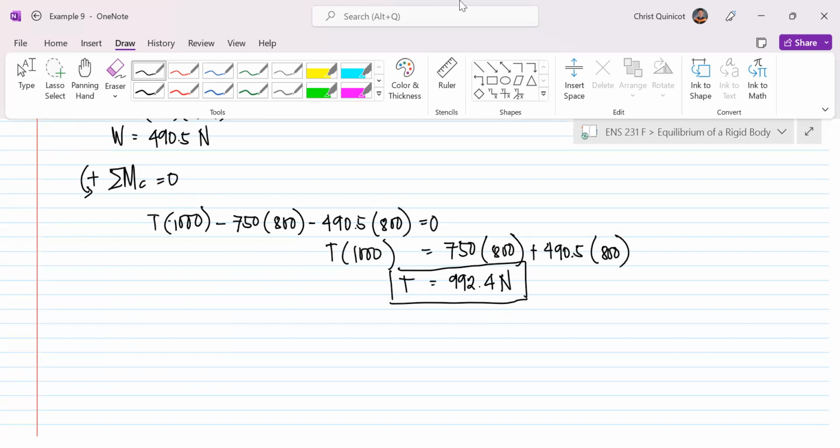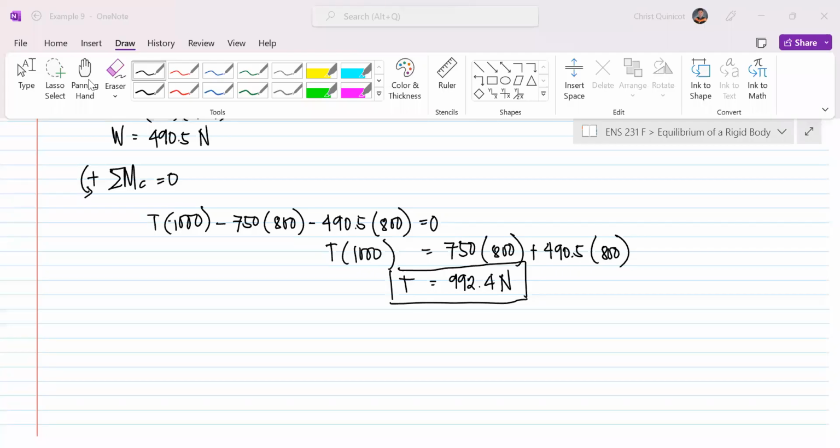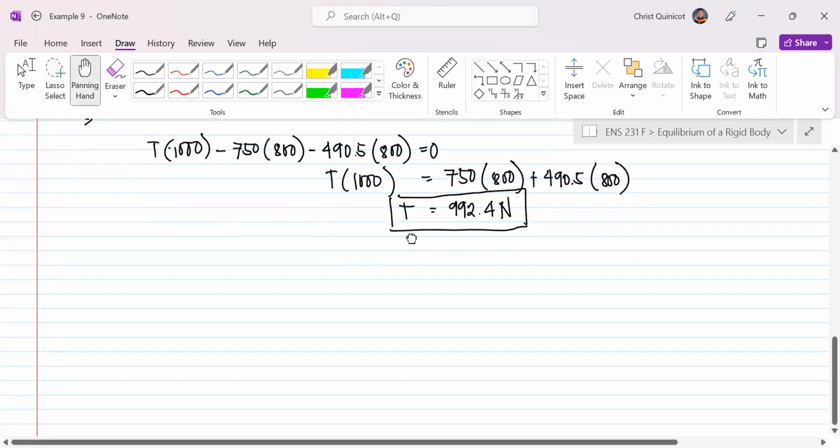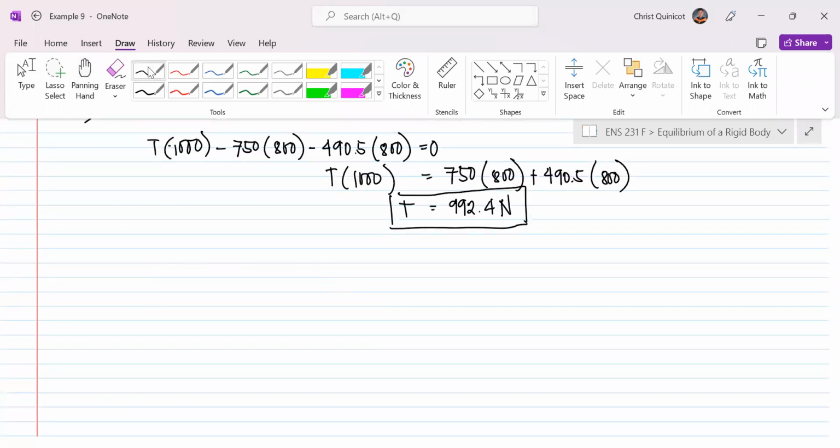Having calculated our tension, we can now do force summation to get the values for our C sub x and C sub y. We do x first. Summation of forces x is equal to 0, assuming to the right is positive.